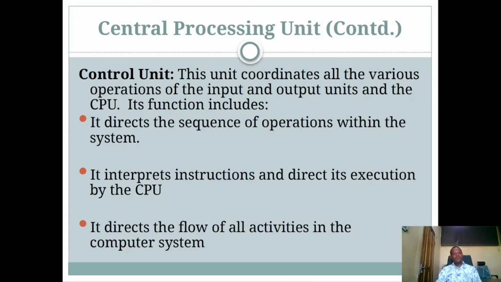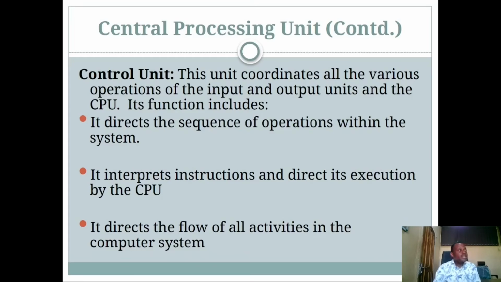By the time data enters the input unit through one of these input devices, it is the control unit that monitors the flow of that data from the input unit into the central processing unit. It is the control unit that takes care of directing the processing of that data using the appropriate program.